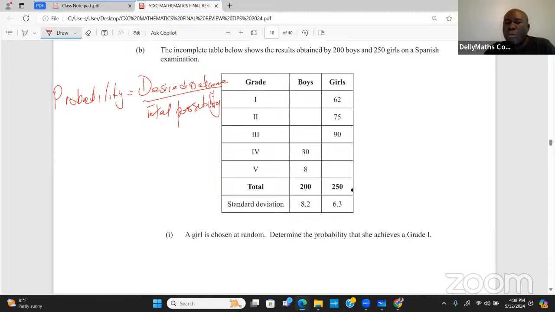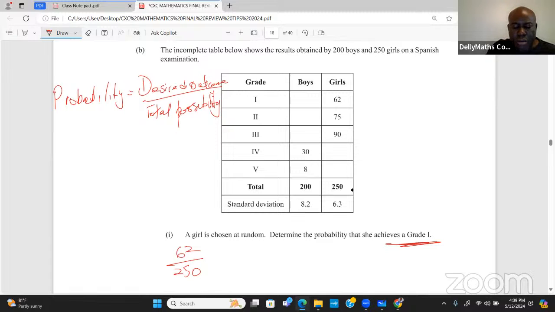So it's the desired outcome over the total possibility. A girl is chosen at random. What is the probability that she obtained a grade 1? What's grade 1? Grade 1 is here, girl, 62. So we're talking about the probability, 62 out of how much? 250 girls.